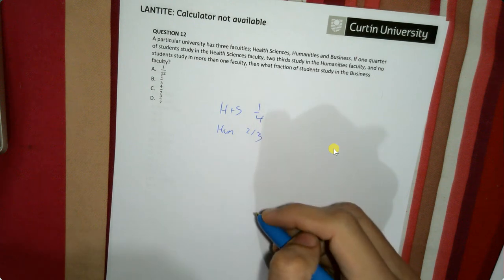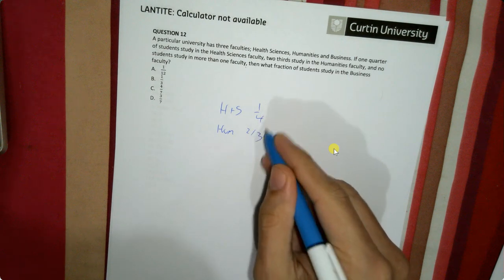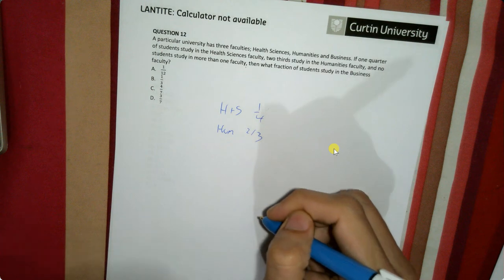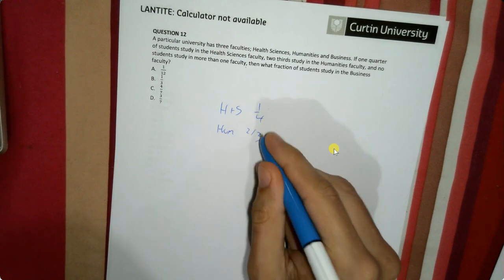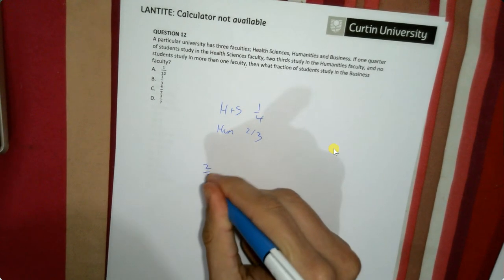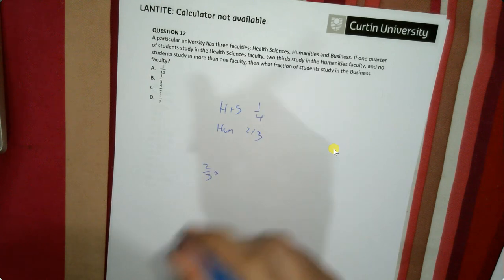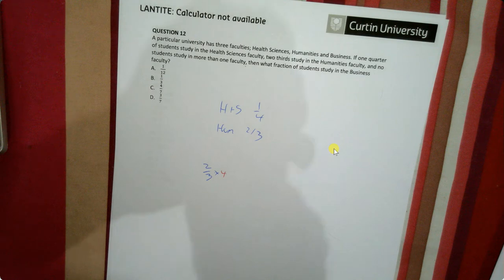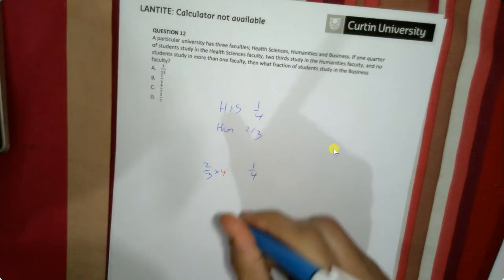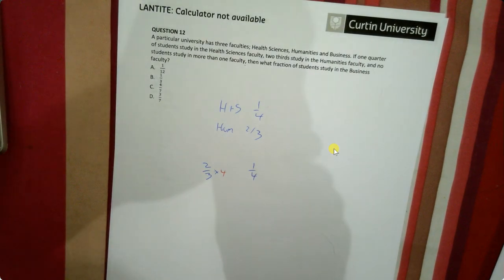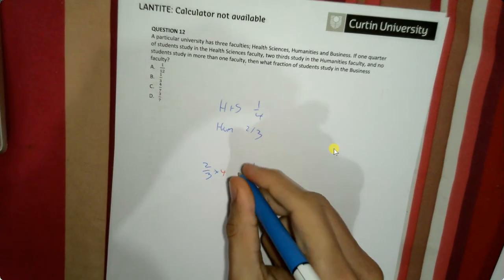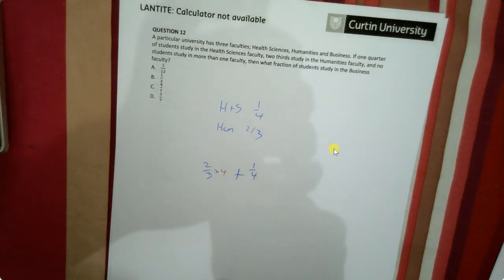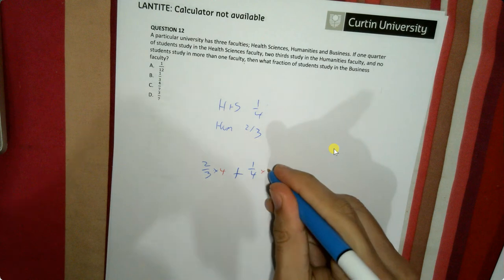The easiest way to get it in like terms when you've got 2 fractions is just to multiply the denominators by each other. So if I get 2/3 and multiply that one by 4, while the other one is 1/4, and I'm trying to add these fractions together, by the way, and 1/4, I'll multiply that one by 3.